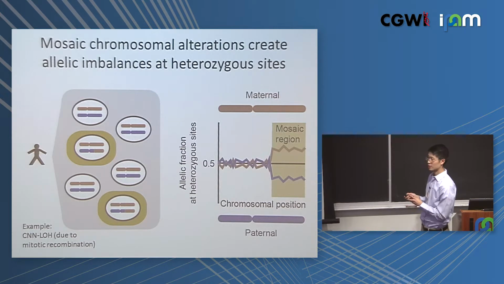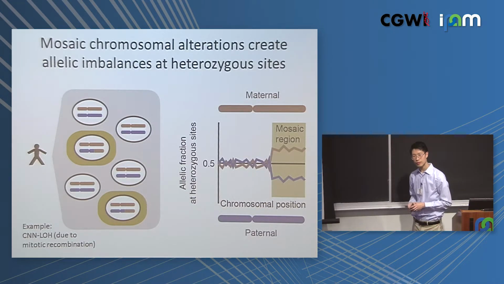However, in the chunk of the chromosome in which the event occurred, some fraction of cells, the cells that were affected by the event, are now fully maternal and have lost their paternal contribution. And so if we average across all of the cells in the blood sample, what we'll observe is a shift such that the cells are now greater than 50% maternal and less than 50% paternal. So that's the basic signature that we're looking for in this data.